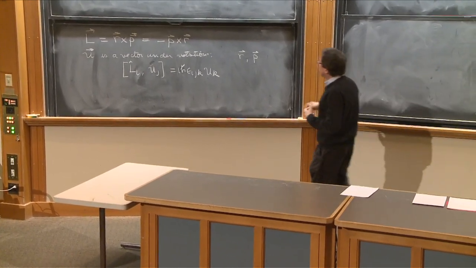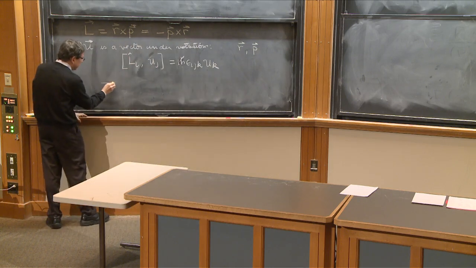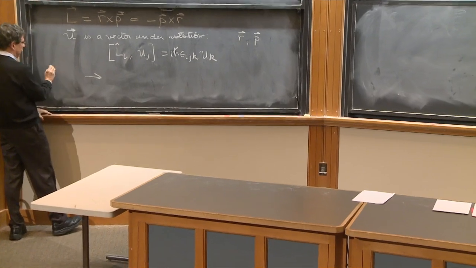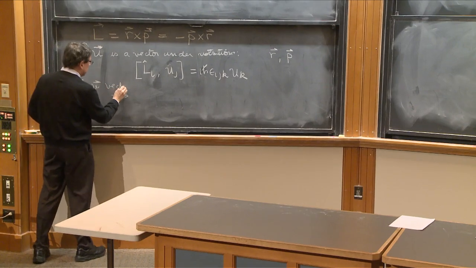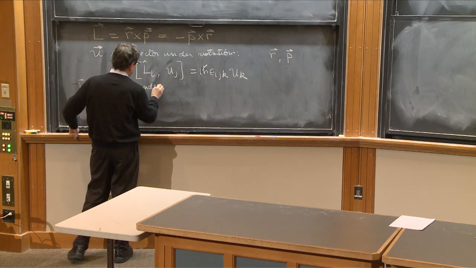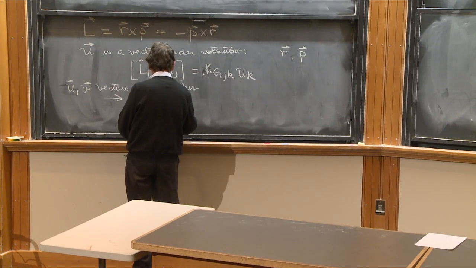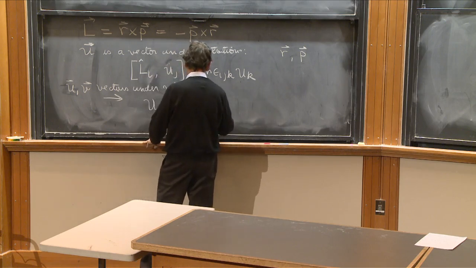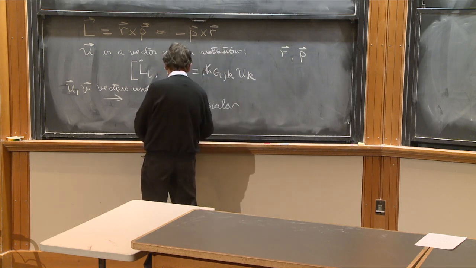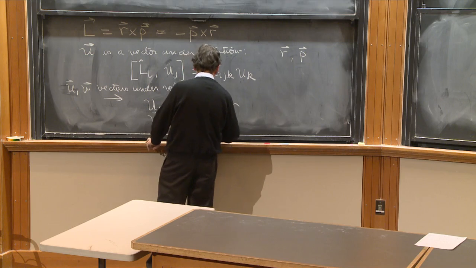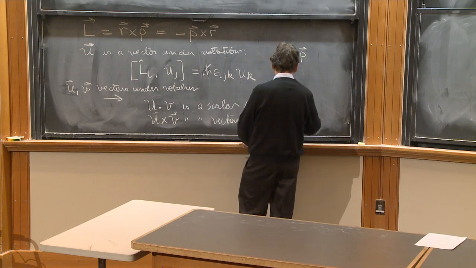Then comes that little theorem that is awfully important, which shows that if U and V are vectors under rotations, then U dot V is a scalar, and U cross V is a vector, in both cases under rotations.